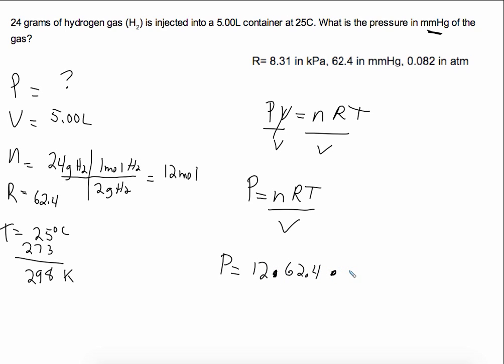So we put in 12 times 62.4 times T, 298, divided by the liters, which is 5. Okay? So the pressure is a pretty big number if I remember right. So it looks like it's 44,628. And since we used the 62.4, which is the millimeters of mercury one, our pressure is in millimeters of mercury.